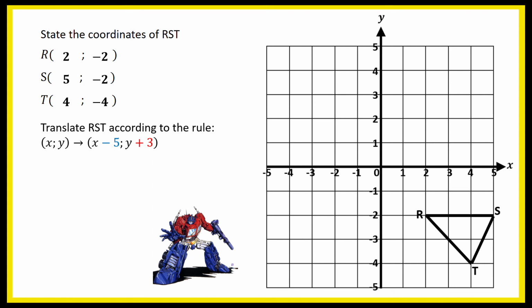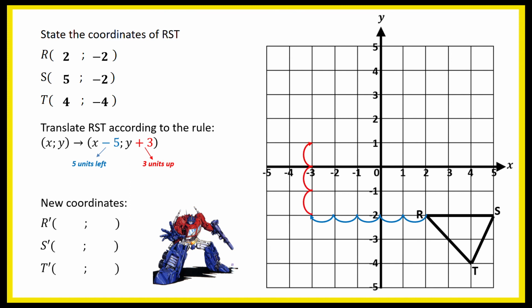Alright, so let's do the jump thing first. I'm going to go 5 to the left and 3 up. There it is. I move 5 to the left and 3 up, so that would be my new R. My new coordinate for R would be (-3, 1). But you don't need to jump it every single time. You can just use your rule.